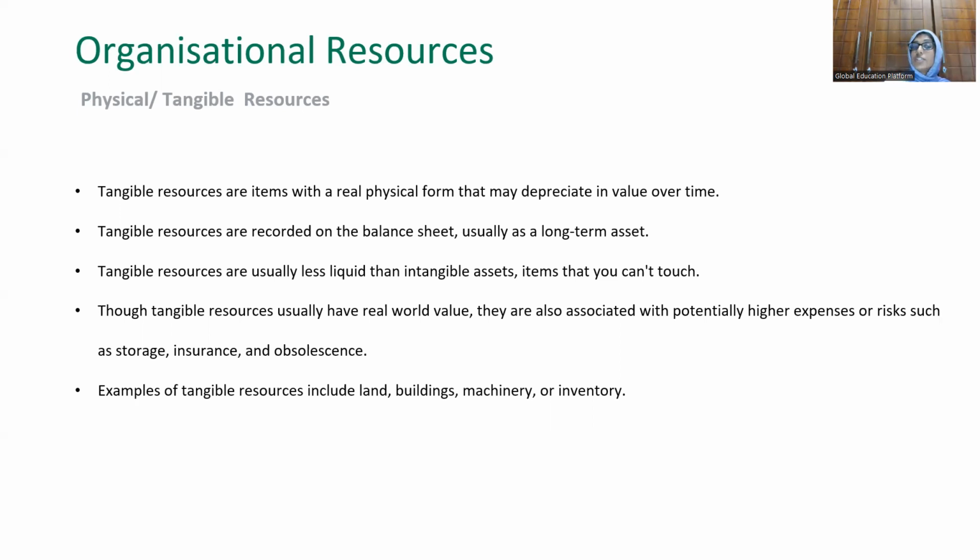So through tangible resources, the real world value is increased, and potentially high expenses or risks such as storage, insurance, and obsolescence are associated with tangible resources, because we need to maintain them, unlike the intangible resource. So I gave you examples: land, building, machinery, inventory.